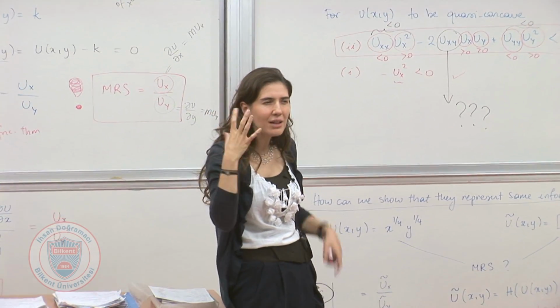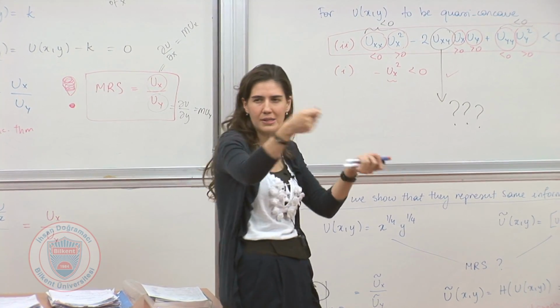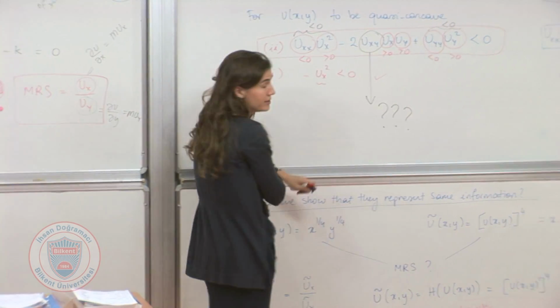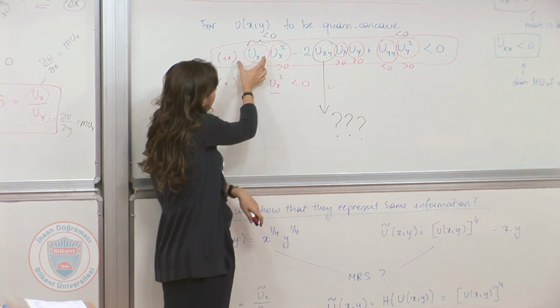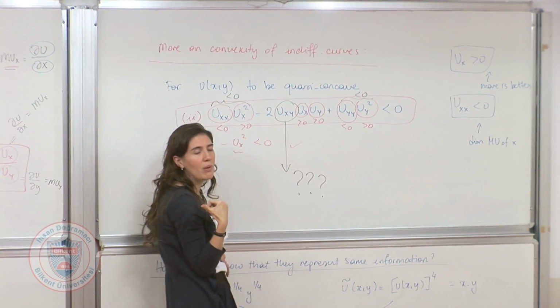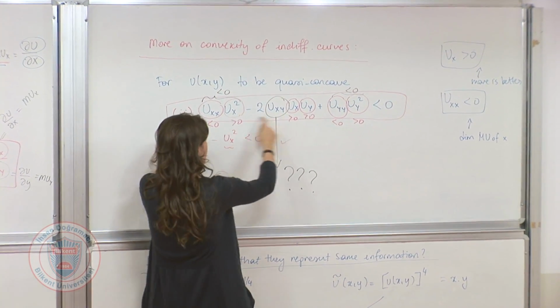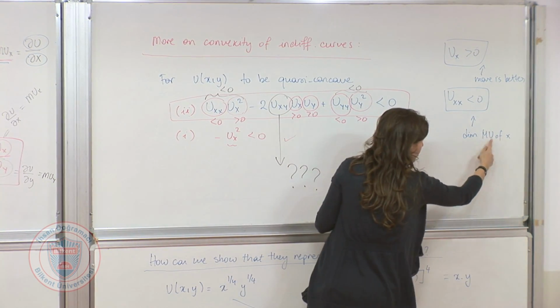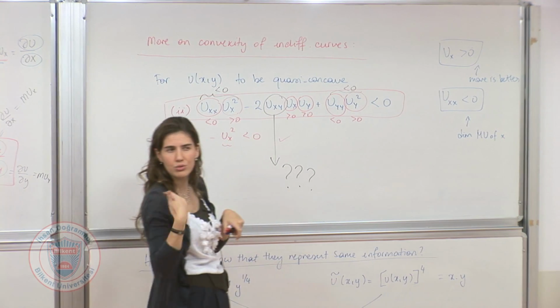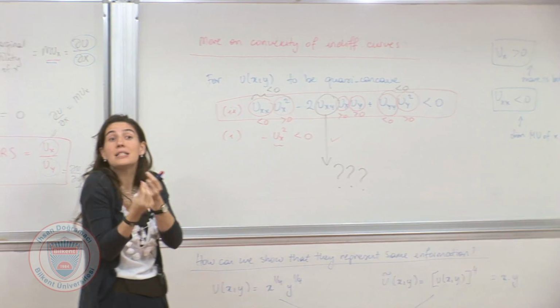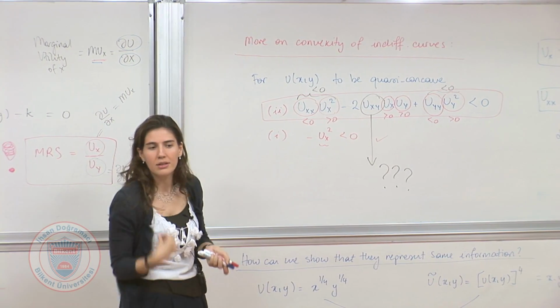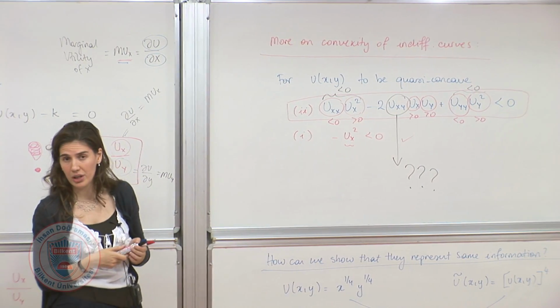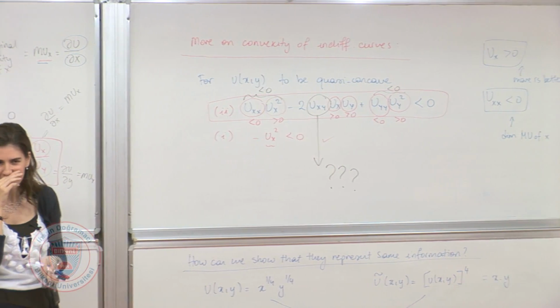But to understand what it means and how it's linked to the concepts, it's like this. It means that there is diminishing marginal rate of substitution if this condition is satisfied. But if you have diminishing marginal utility of x and of y, it's not enough to guarantee that MRS is diminishing. Is that clear? Okay.